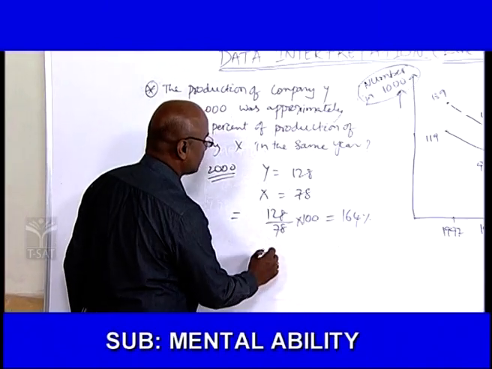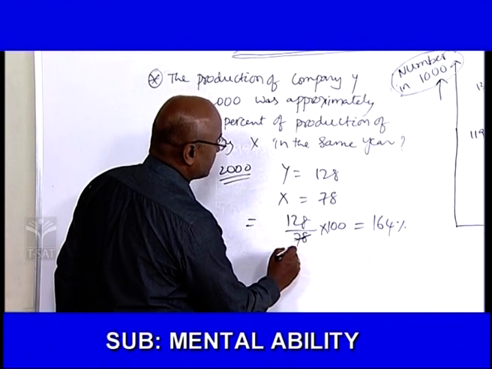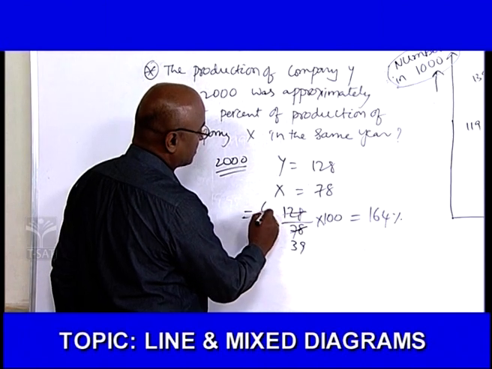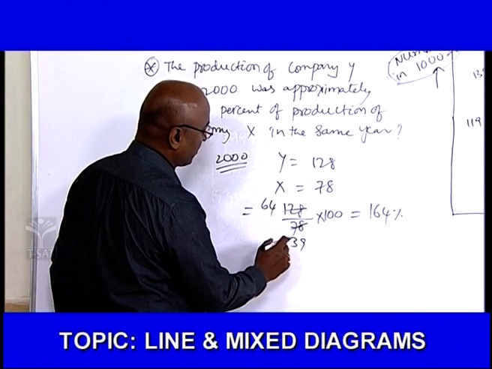So 128 by 78: 2 3s are 6 and 2 9s are 18, 2 6s and 2 4s, that is equal to 64 by 39.